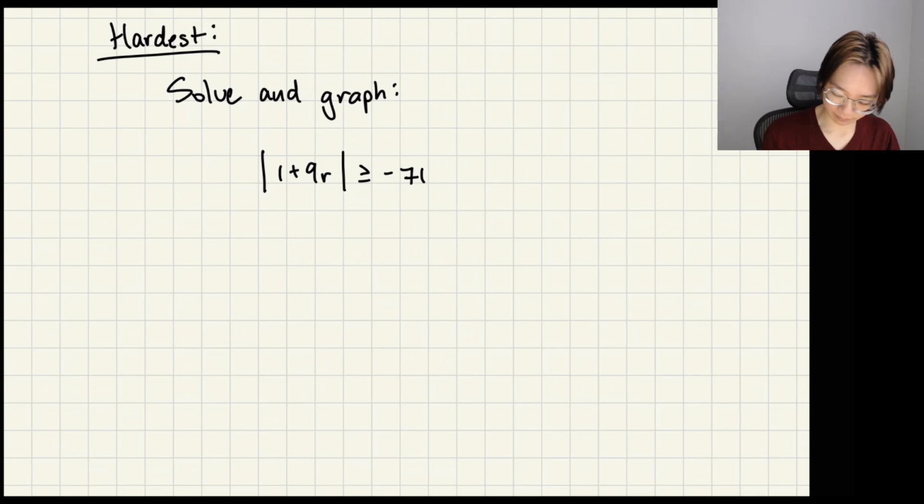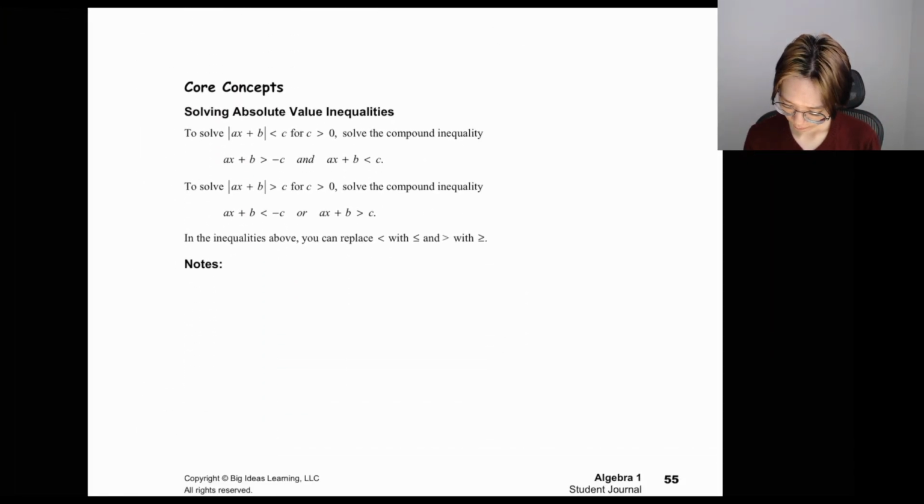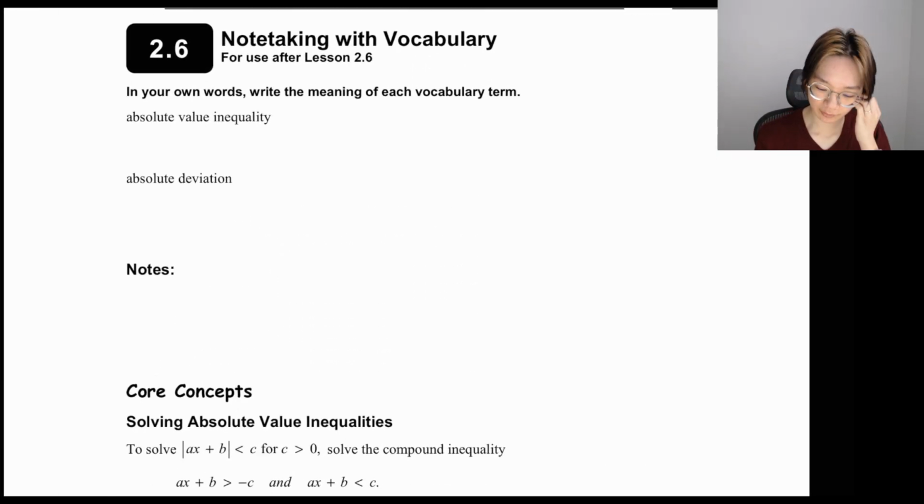So, moving on, in our student journal, page 55, we're going straight to vocabulary, straight to definitions.